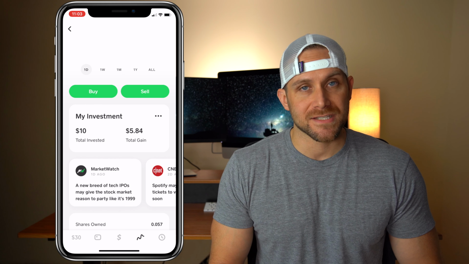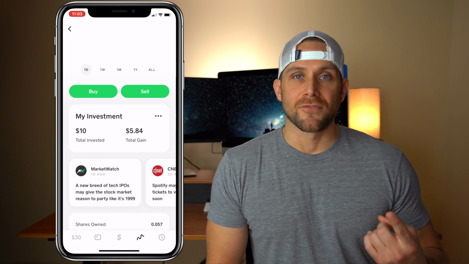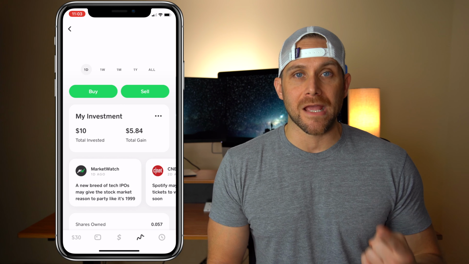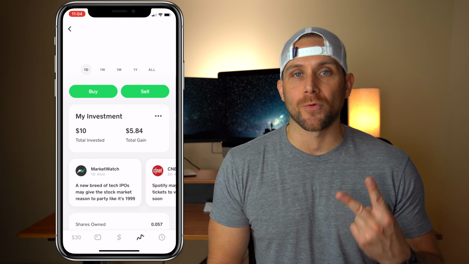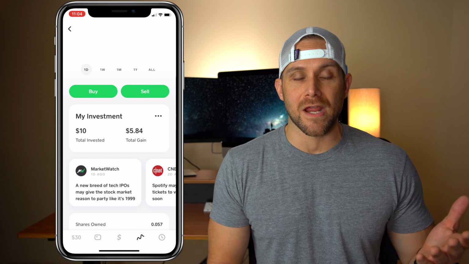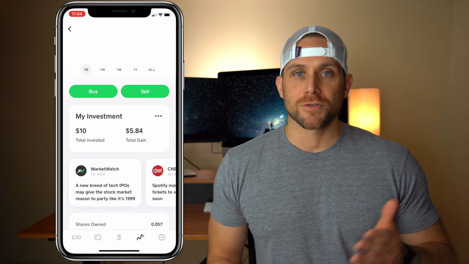Now, how it's going to get taxed is based on two different things. The first way it could get taxed is short-term capital gains, and the second way would be long-term capital gains taxes. Short-term capital gains tax is a certain rate, and long-term capital gains tax is a different rate. With short-term capital gains tax, you will usually pay more.